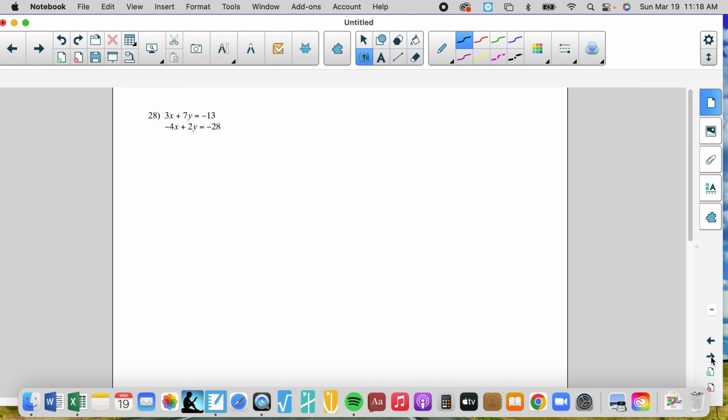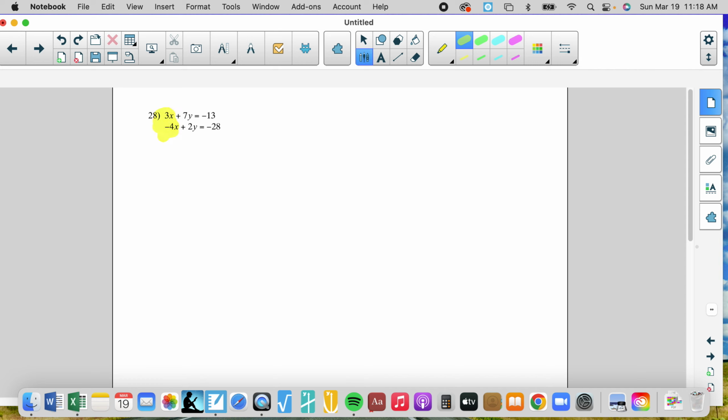All right, I don't mind the x's because they are opposite of each other. I wouldn't choose to manipulate the y's because the signs are the same. So I like the fact that with my x's, one's positive, one's negative. But notice there's no multiple of 3 that equals 4, and there's no multiple of 2 that equals 7 if we chose the y's, but I'm still choosing the x's.